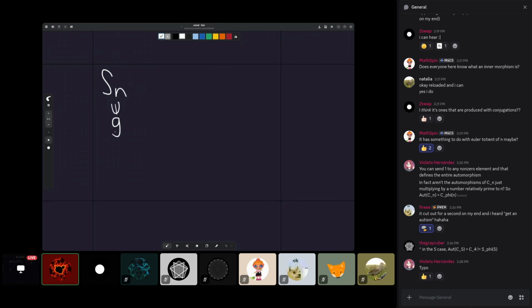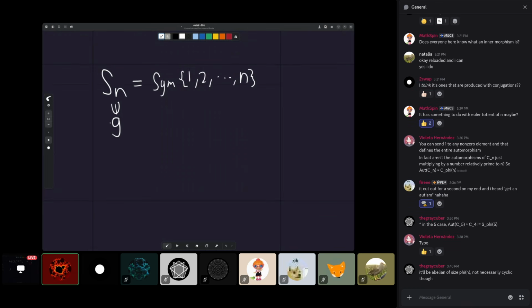This is the symmetric group on these points, and the things we're permuting we'll just label as 1 to n, as is common. So g is a permutation of these n points.